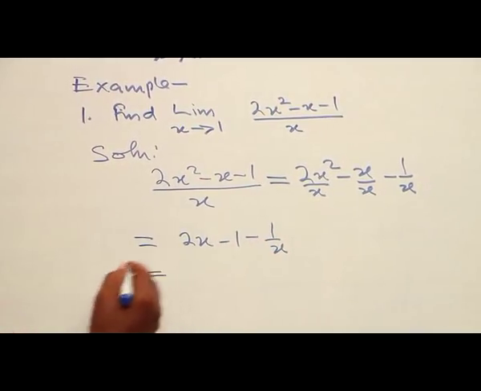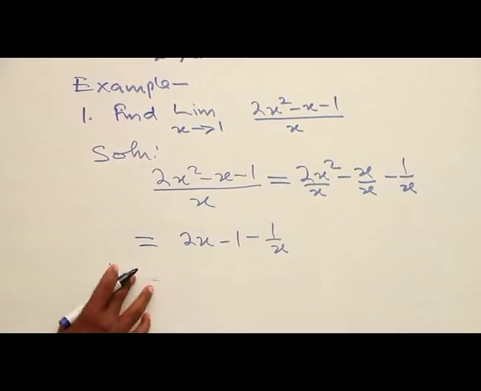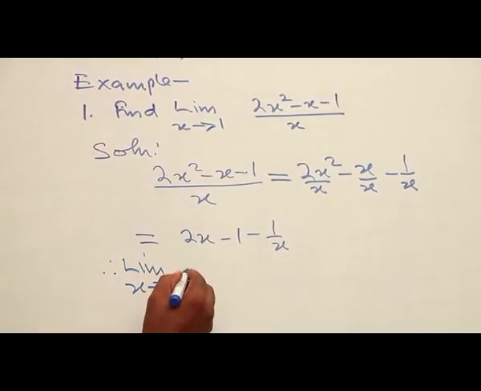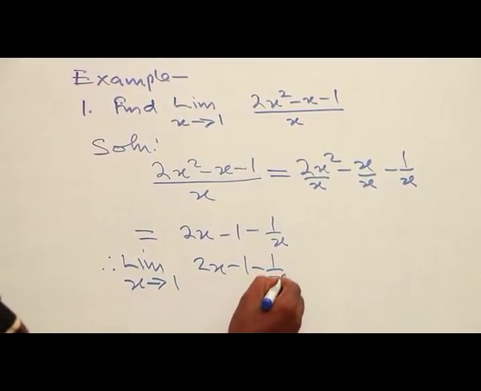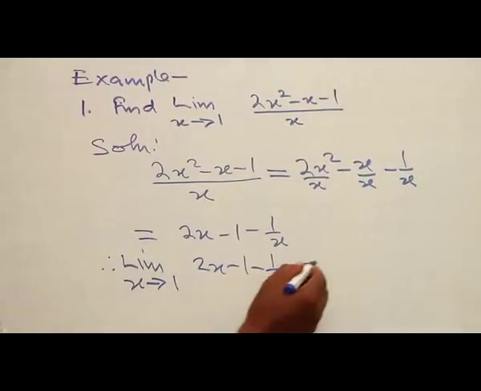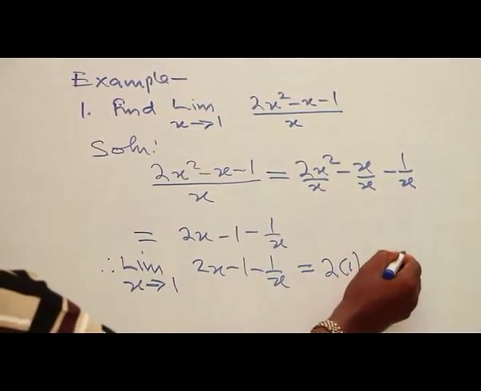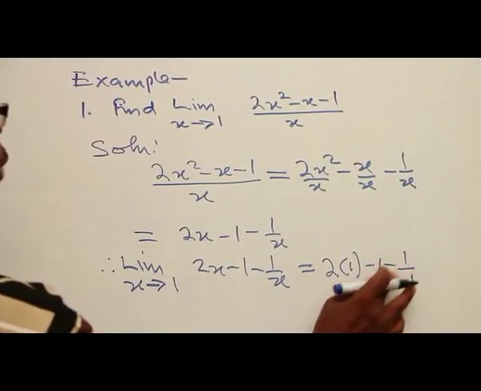Now we are going to take the limit as s tends to 1 of 2s minus 1 over s, which will be equal to 2 times 1 minus 1 all over 1, because your s is 1.